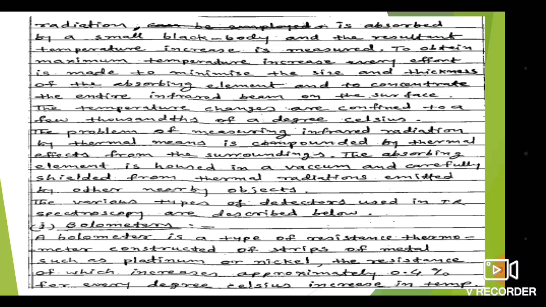The problem of measuring infrared radiation by thermal means is compounded by thermal effects from the surroundings. So the absorbing element is housed in a vacuum and carefully shielded from the thermal radiation emitted by other nearby objects.